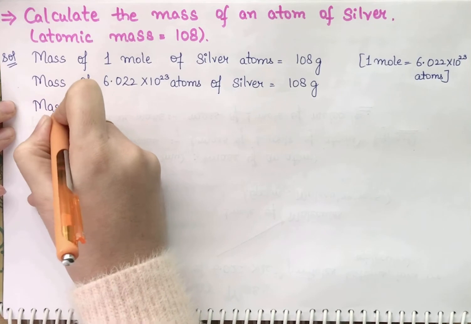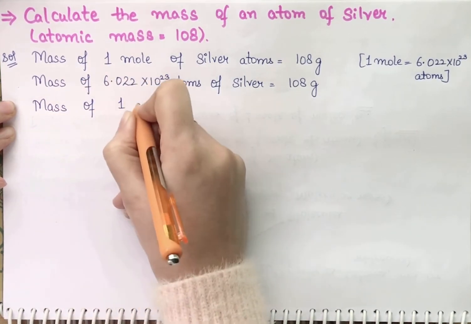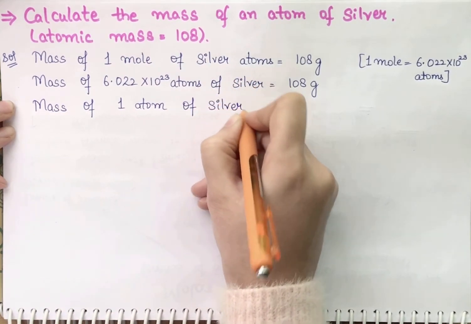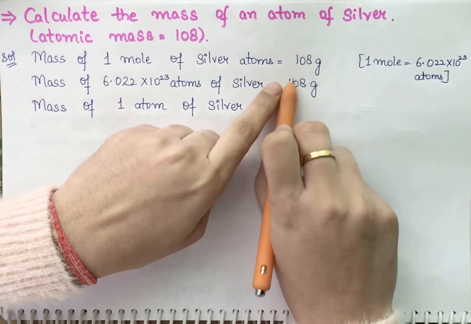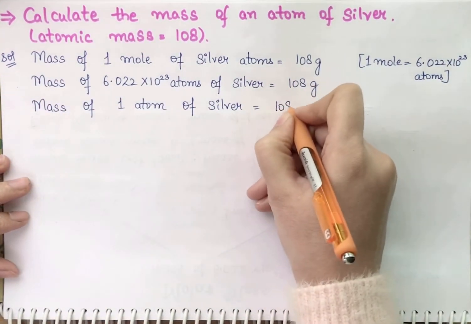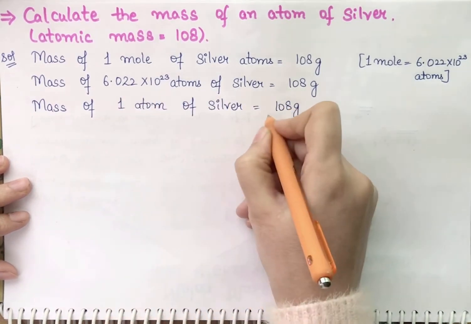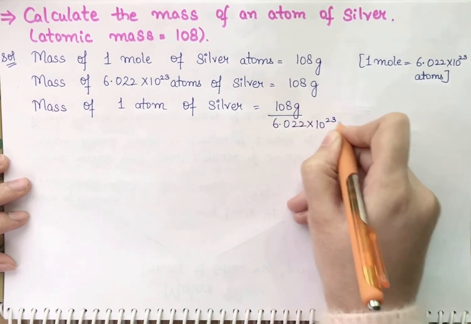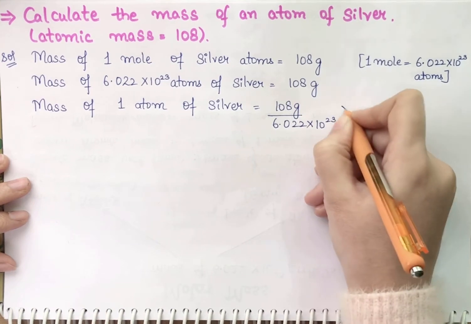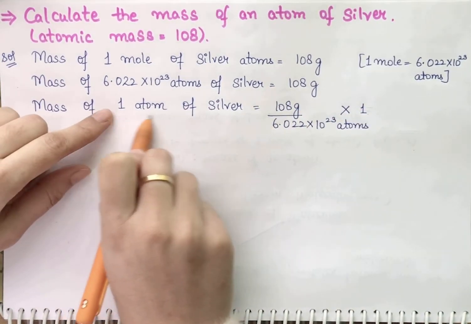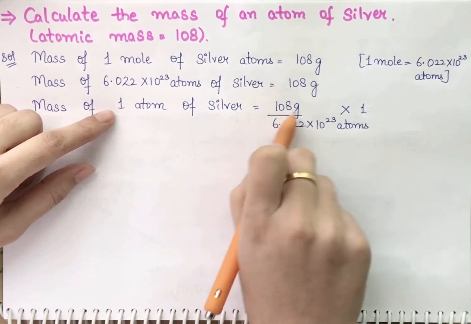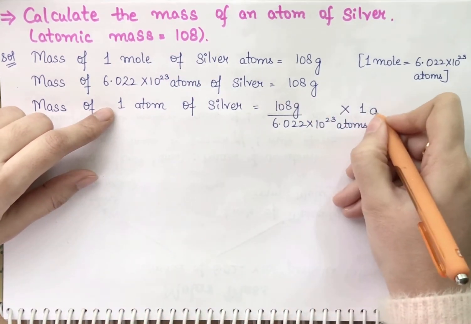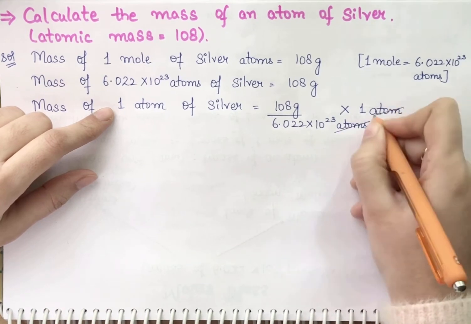So mass of 1 atom of silver is equal to, I'll simply write this value in numerator, 108 gram, divided by this value on the left side, 6.022 into 10 raised to power 23 atoms, into, I'll simply multiply this whole term with the value on the left side of the second term, right? So 1 atom, I'll cancel atoms with atom, right?